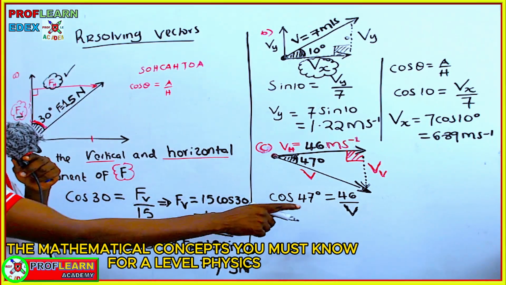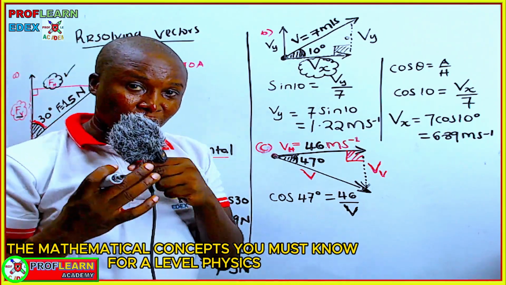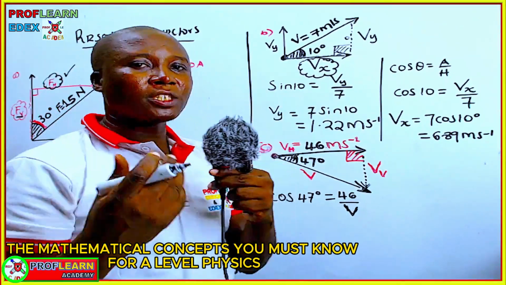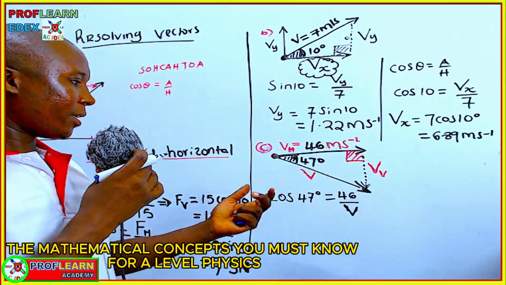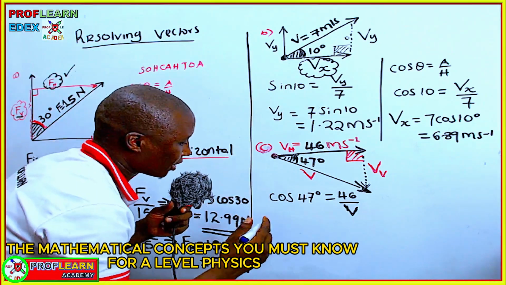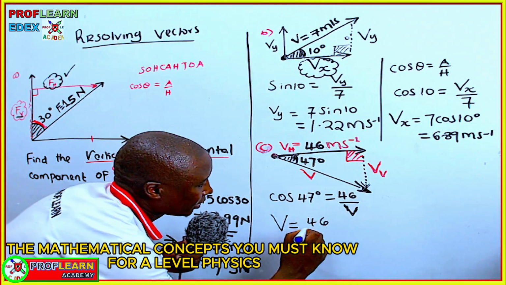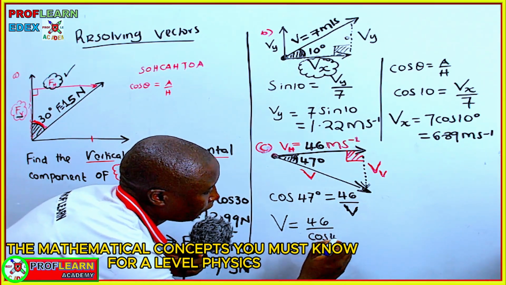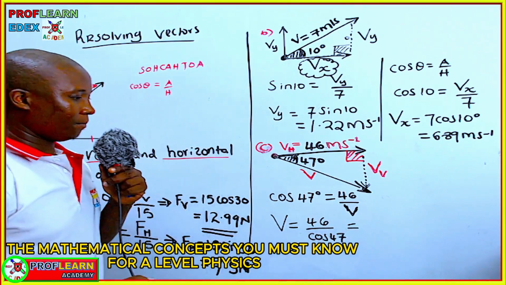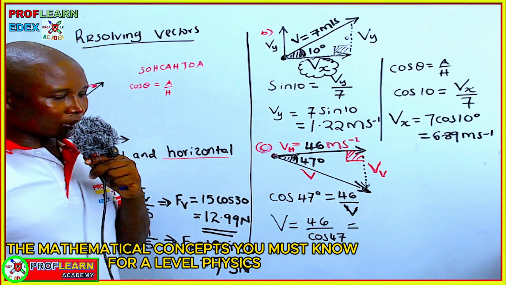Then we can rearrange this. So the kind of mathematics you need to know: you need to know how to rearrange formulas, making V the subject of the formula, and finding it. So if we make V the subject of the formula, V is equal to 46 over cos 47.